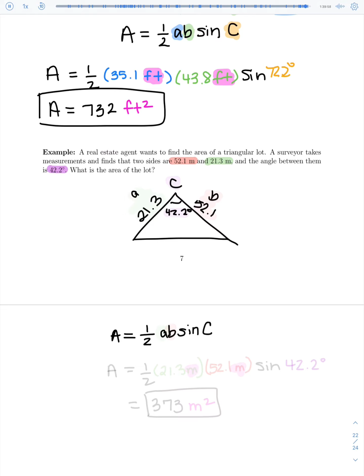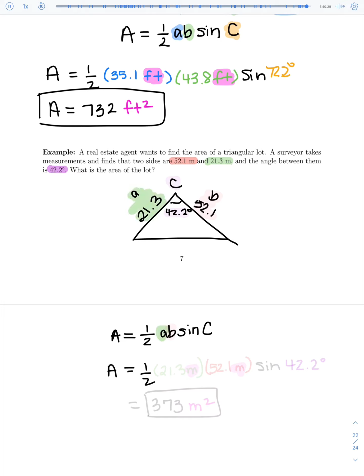So let's take a look at what this is going to mean for us. This means for us that we will have our area equals 1/2 times your A, which we said in this picture, we went ahead and called side A, the one with the 21.3. So we can go ahead and fill that in.